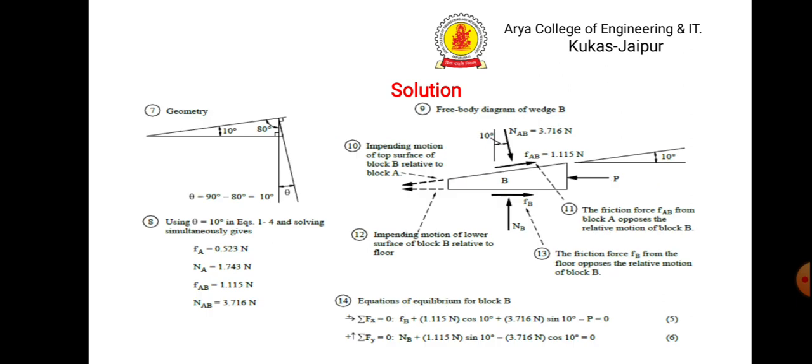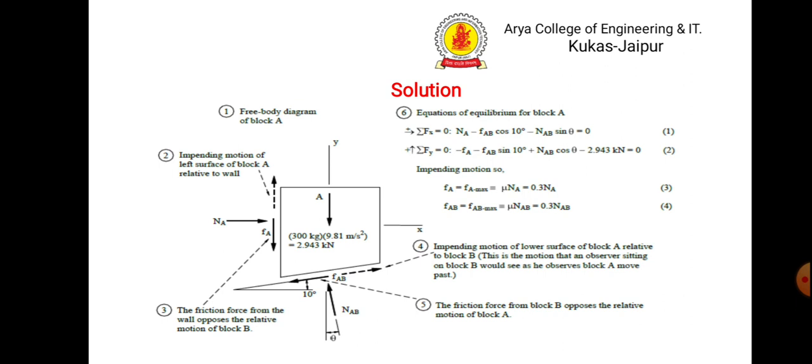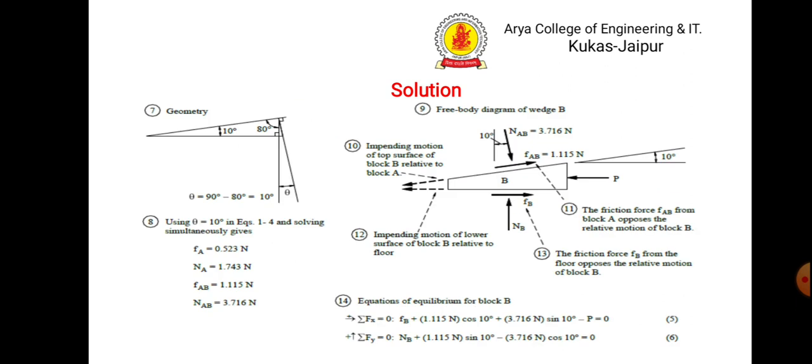Now for the wedge, this is the geometry. Theta equals 90 minus 80 equals 10 degrees. Using theta equals 10 degrees in equations 1 to 4, we can easily get that Fa is 0.523 Newton, Na is 1.743 Newton, Fab is 1.115 Newton and Nab is 3.716 Newton.